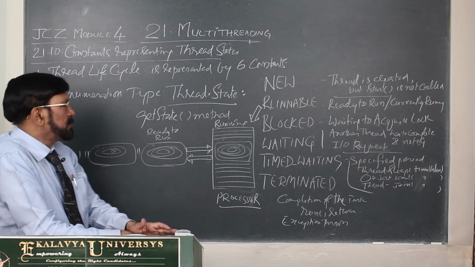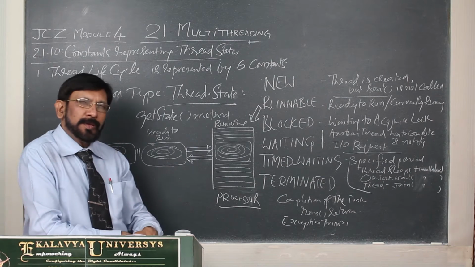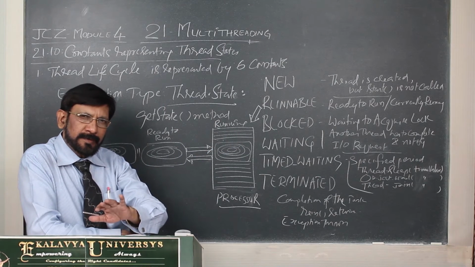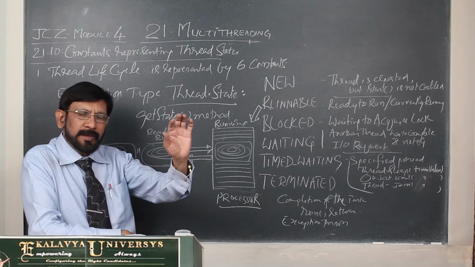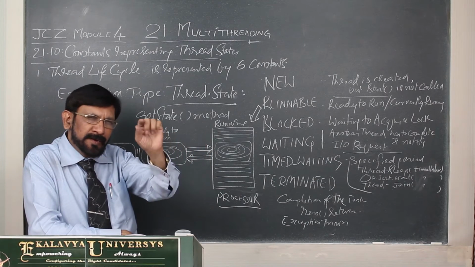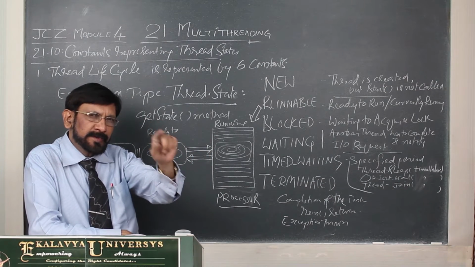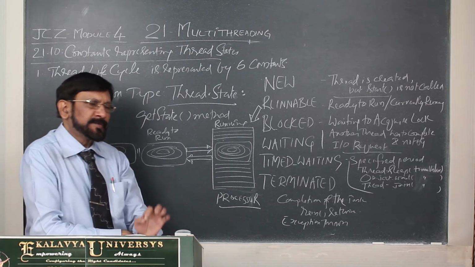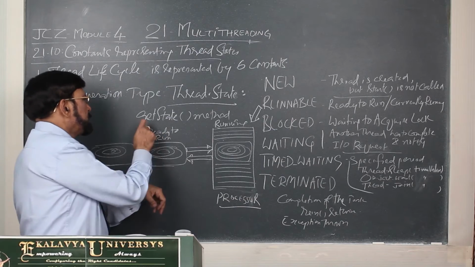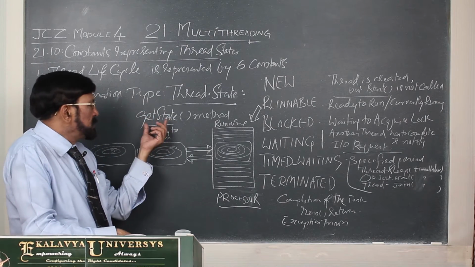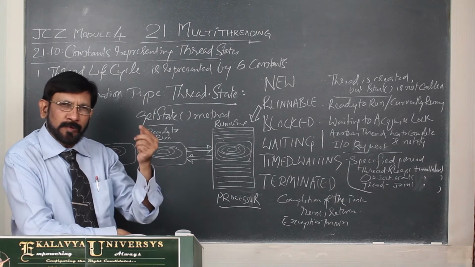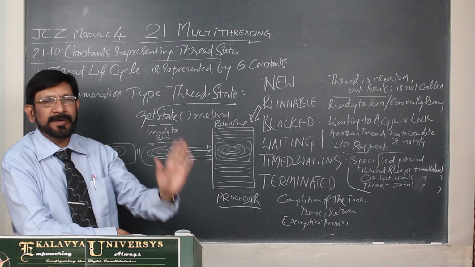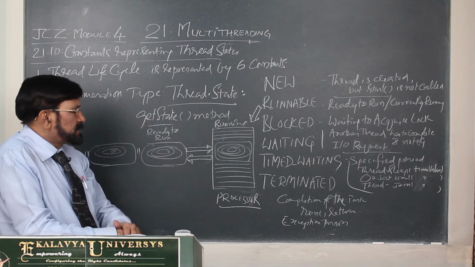From birth to death, like a human being, every thread at every point of time is in one state. If you want to know the current state of the thread, one method is provided, that is getState. Using this getState method, you can know the current state of the thread.